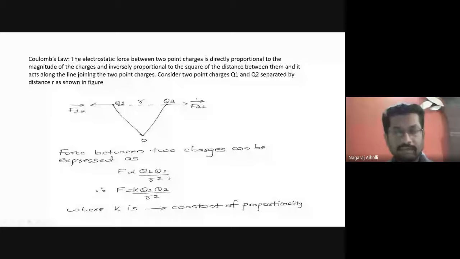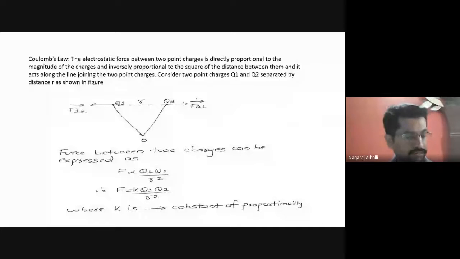If we equate this with a constant of proportionality, we get F is equal to K into q1 q2 divided by r square, where K is the constant of proportionality. Let us see what the value of K is.